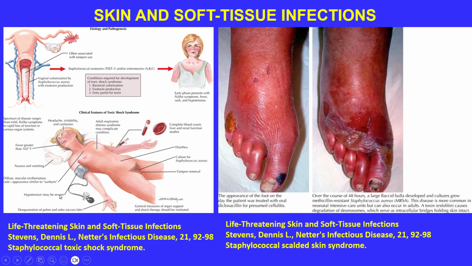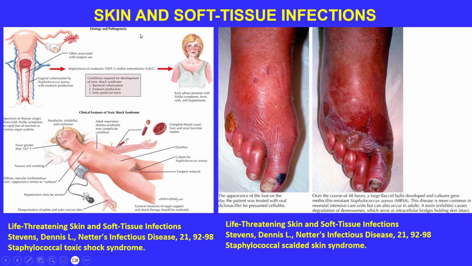Now, this is where the blood pressure is dropping really fast, okay? And desquamation of palms and soles. For those of you not familiar with desquamation, you're talking about losing some of the layers of the skin.